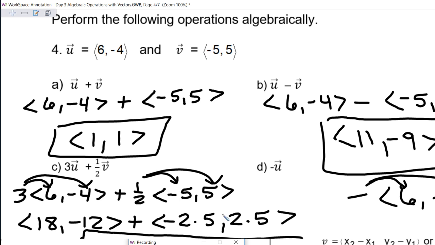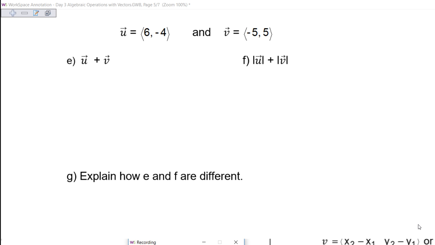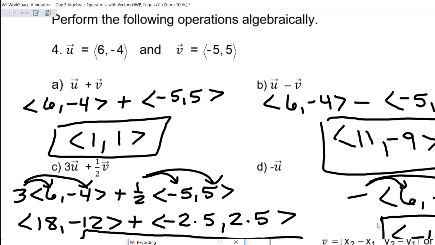Yeah, -6, +4. Now for part E, we already did vector u plus vector v. That was right here. For vector u plus vector v, what did we get? 1, 1. So we're not going to redo it.